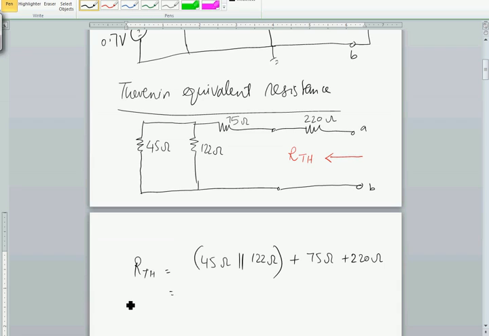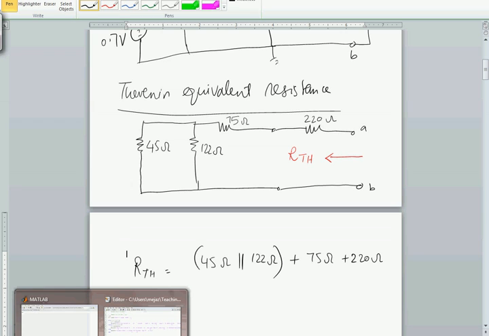Let's solve this real quick. Let me just use MATLAB. Write down the number 45 parallel to 122 plus 75 plus 220.